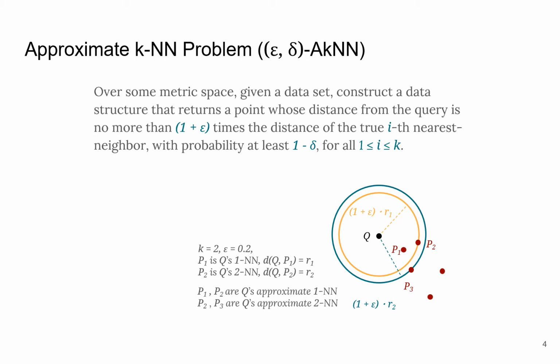In this illustration, suppose k equals 2, P1 is Q's 1NN, and the distance between Q and P1 is R1, and P2 is Q's 2NN, and the distance between the two points is R2. Now we say that P1 and P2 are Q's approximate 1NN since both points reside in the orange circle centered at Q of radius 1 plus epsilon times R1, and P2 and P3 are Q's approximate 2NN.